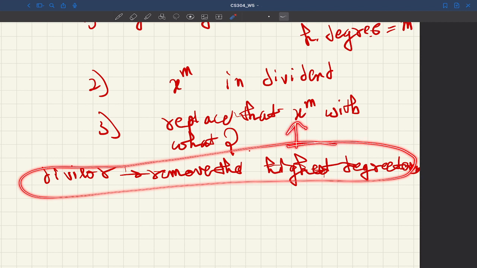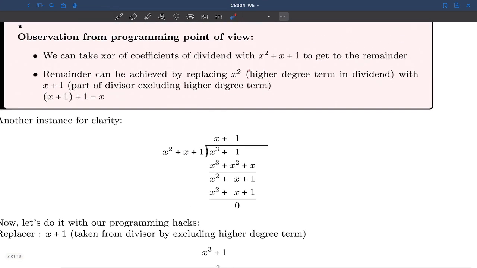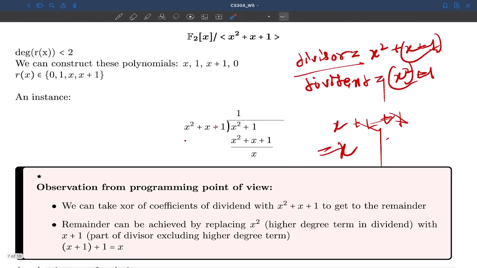So look for the highest degree term in the divisor and replace it with that part of my divisor which we got by excluding the highest degree term. So I will get x plus 1, and that x plus 1 got replaced with x square, and then I'll do the simplification. I will get the remainder.